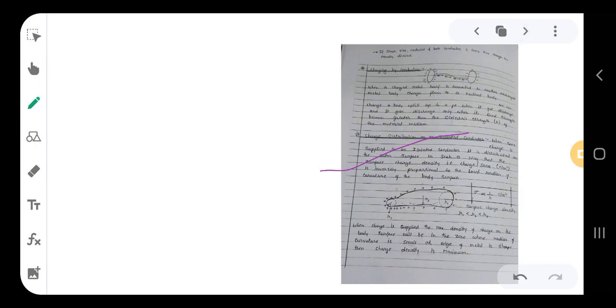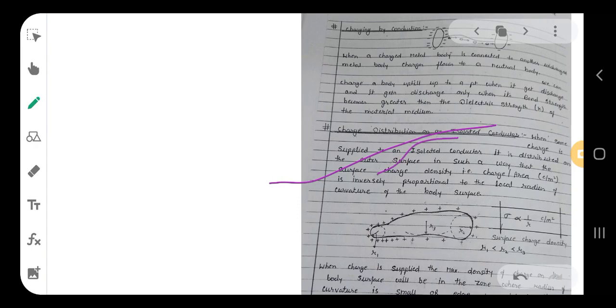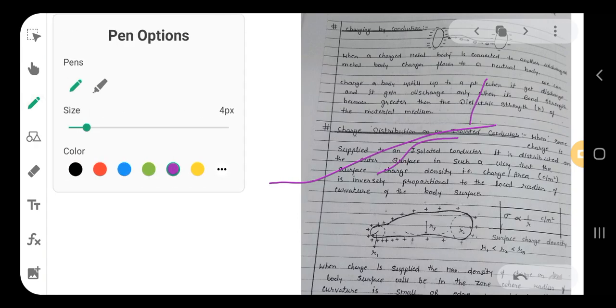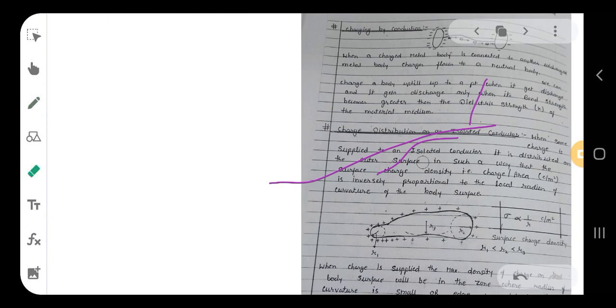Now let us see how the charges will be conducted. Charging by conduction: you can see it here in the diagram. When a charged metal body is connected to another uncharged metal body, charges flow to the neutral body.